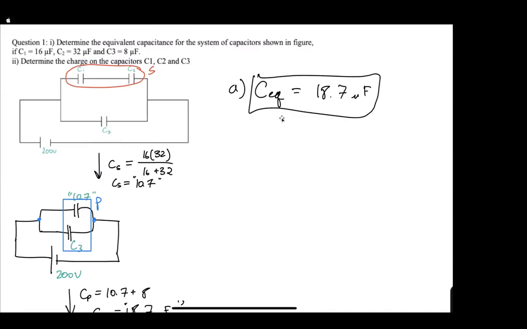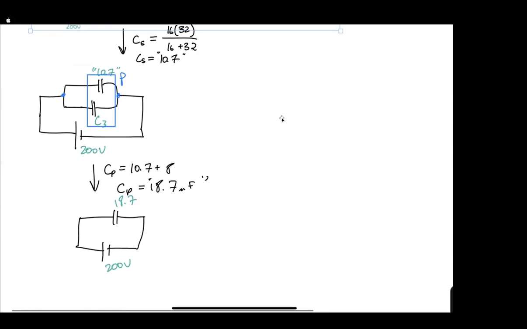Okay. Now, what's the charge on each capacitor? Right off the bat, we're going to be able to solve for the charge. So to solve for Q3, that's where we're going to start.